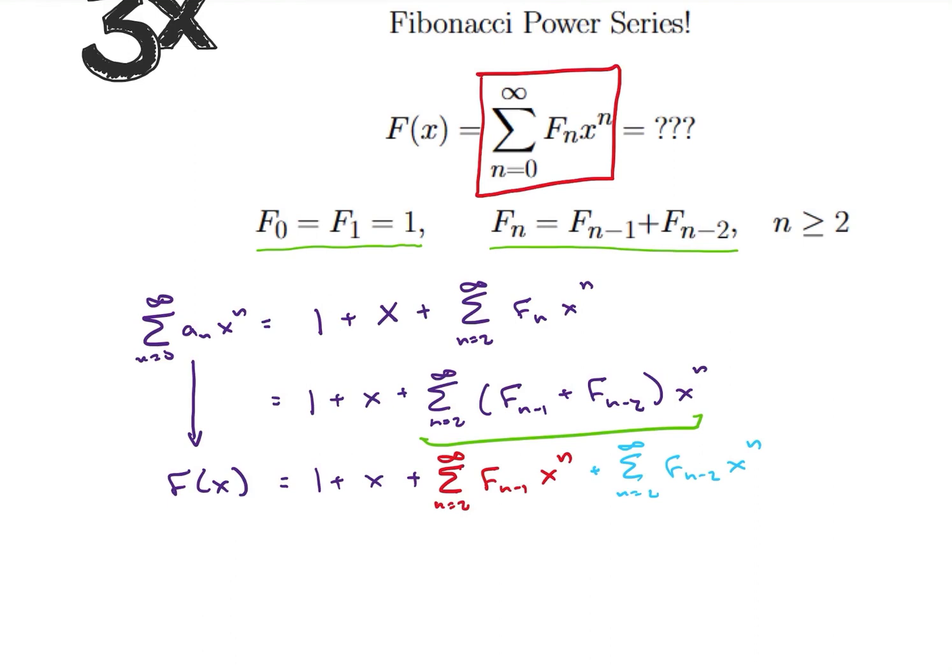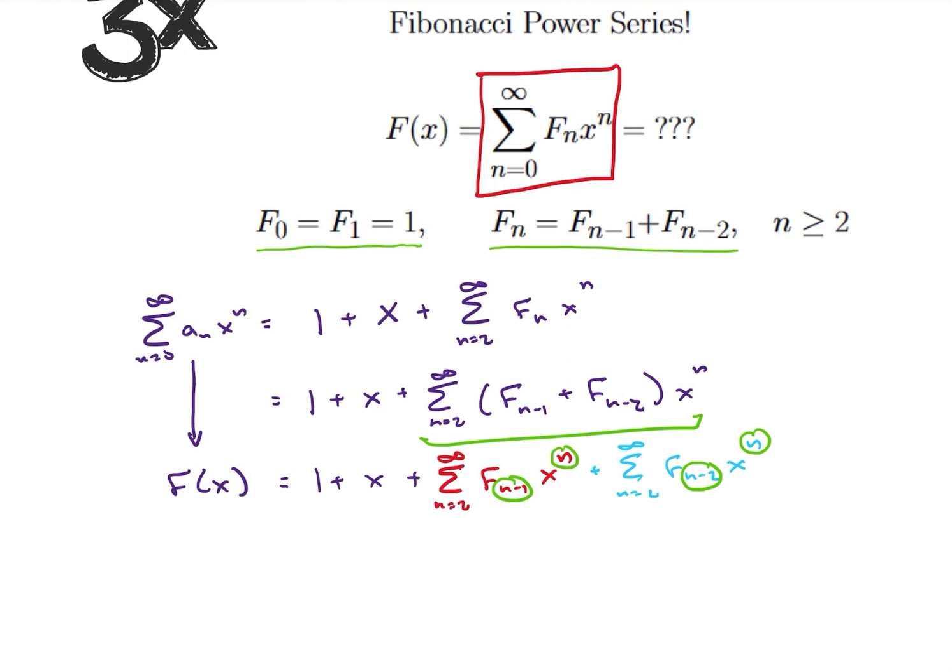And what I'm going to do here is change our expression a little bit, and it'd be really nice if our expression had the same values in our exponents as it does in the terms of our Fibonacci sequence. So we're going to adjust those two.